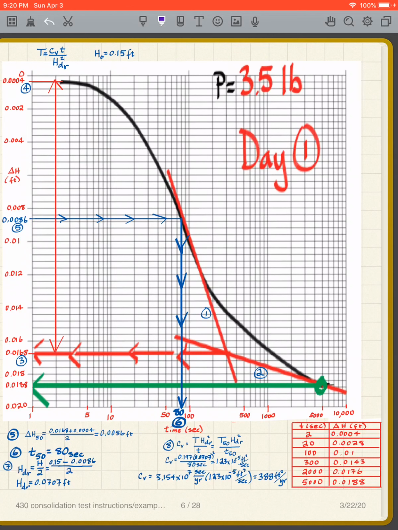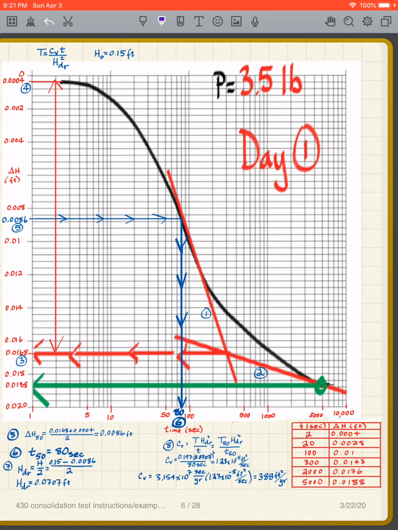Then step 8 is I'm going to use the consolidation equation, which is the definition of C sub v, the coefficient of consolidation, which is capital T times HDR squared over small t. You can look at the lecture notes to see what capital T is.